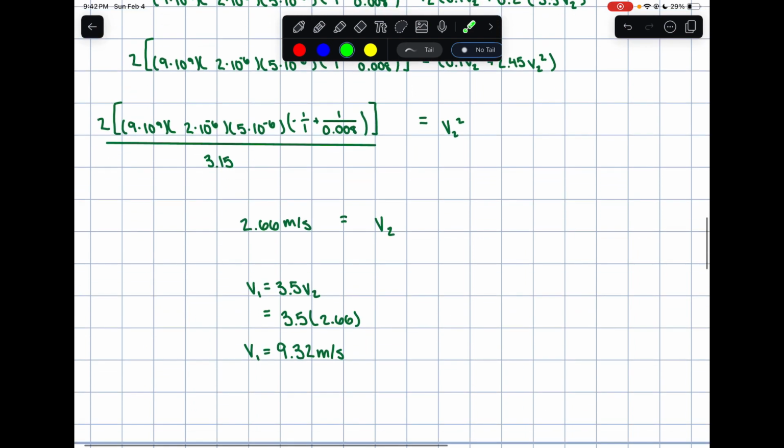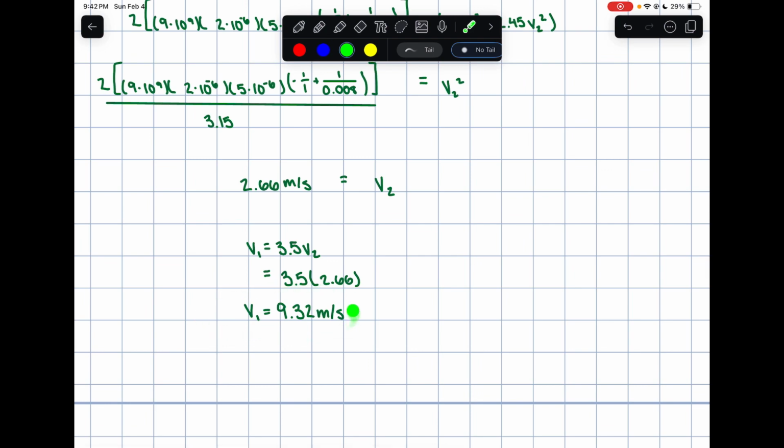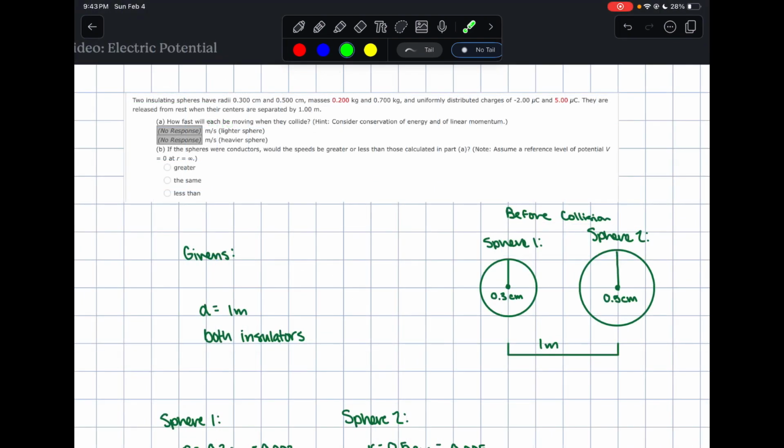From our equation we found from our momentum, we know that V1 is equal to 3.5 times V2. So we can plug in what we just solved for V2, and we find that V1 is equal to 9.32 meters per second. Now let's look at part B.